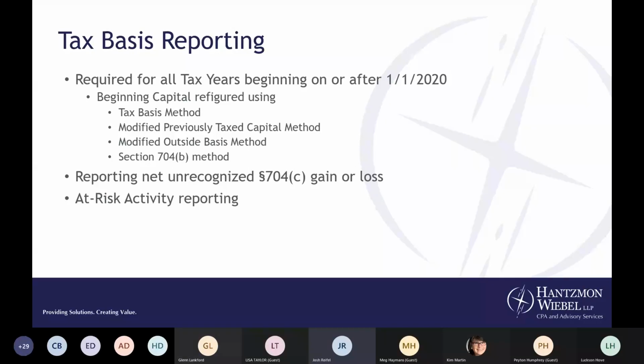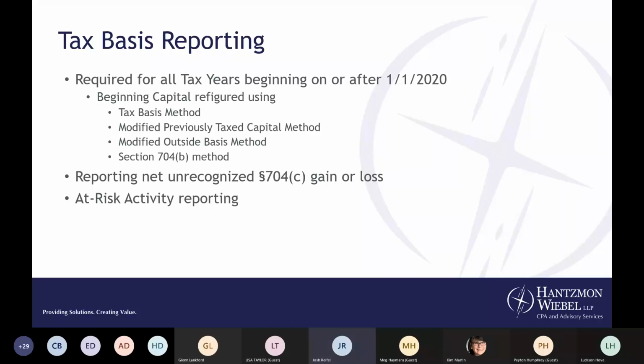And those are not very detailed, but they are described in the instructions for the Form 1065. As you're going through and preparing for the next tax season, I would recommend going and reading those. But the 3 methods are modified previously taxed capital, modified outside basis method, or Section 704B method. And just a brief overview on each of them.